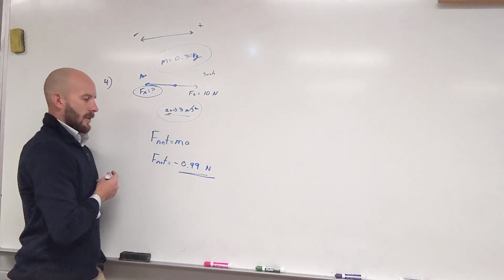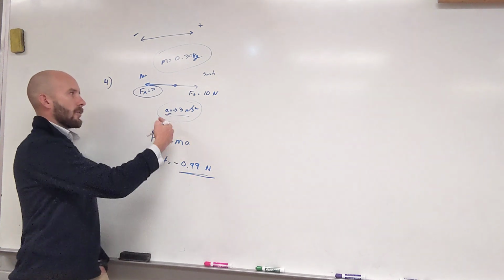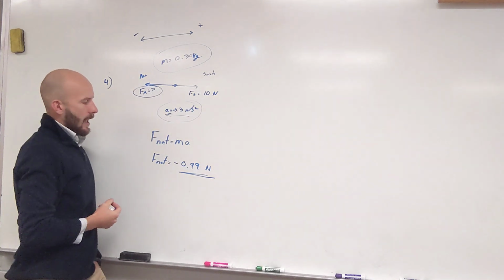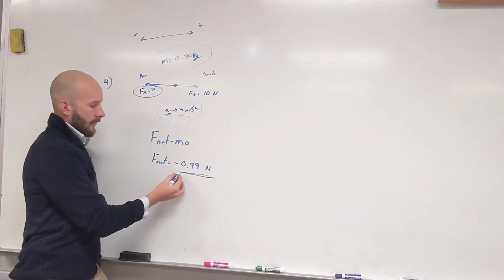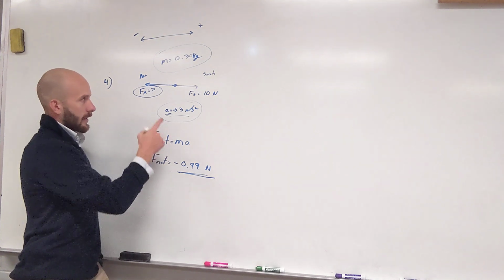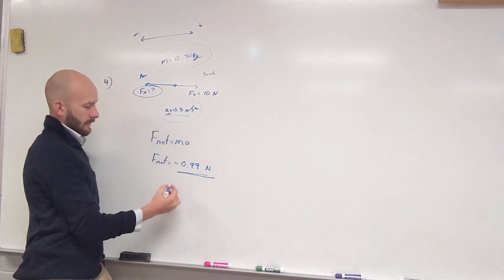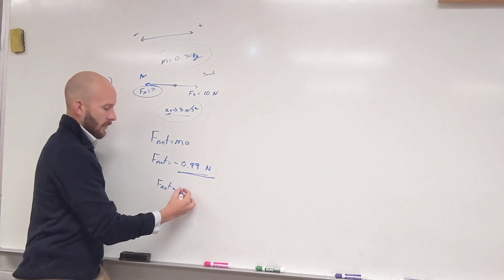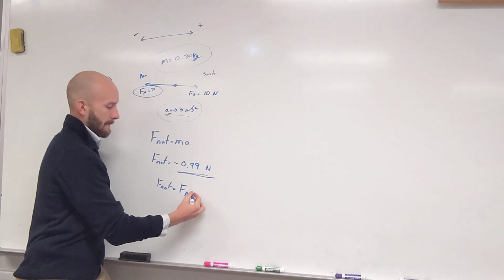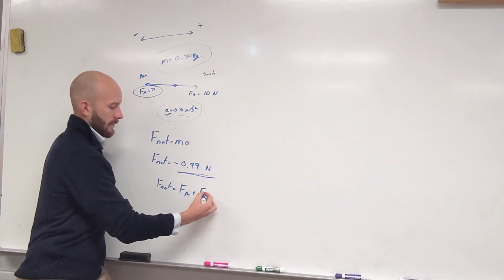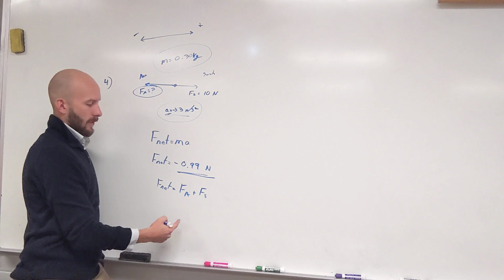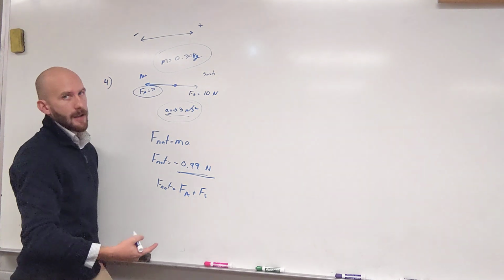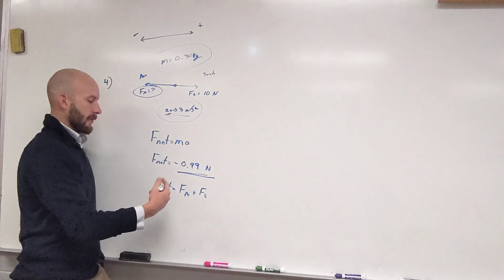And again, that net force is negative. That makes sense if we look at our free body diagram and the acceleration. If I know the net force, can I use that to solve for Anne's force? Yep. Basically, how I would break this down is the net force is going to equal the sum of those two. It's going to end up negative because the force due to Anne is going to be a greater negative value.